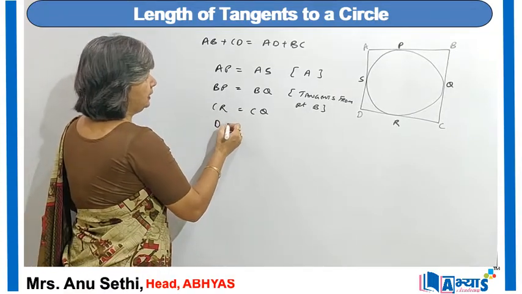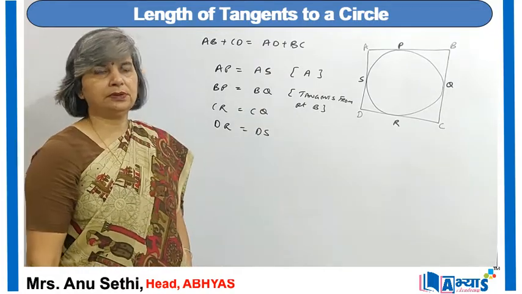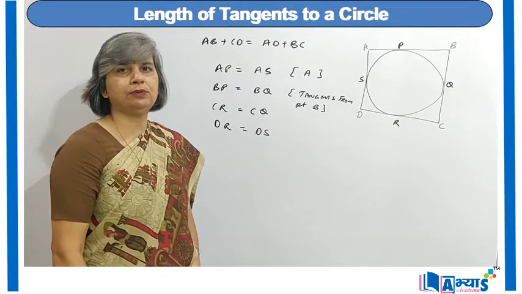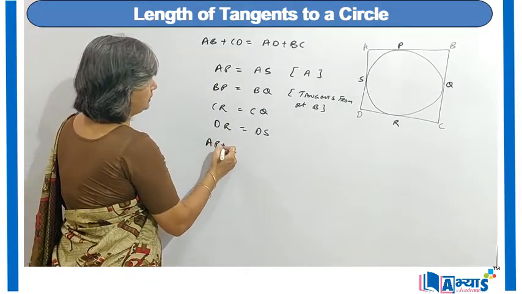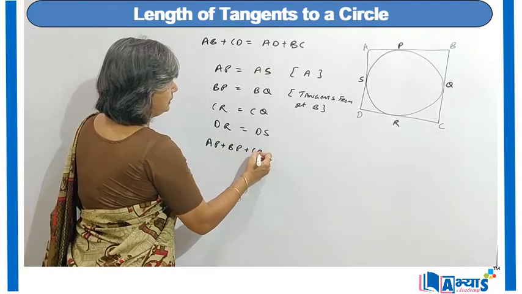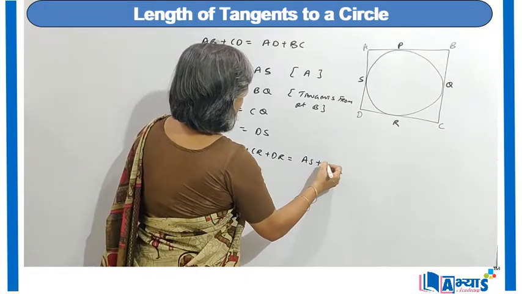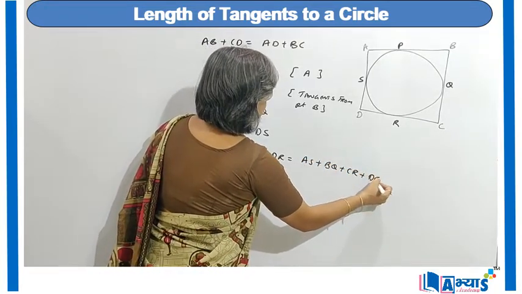Similarly, DR is equal to DS, as these are the two tangents from point D. So adding all these, we get AP plus BP plus CR plus DR is equal to AS plus BQ plus CQ plus DS.